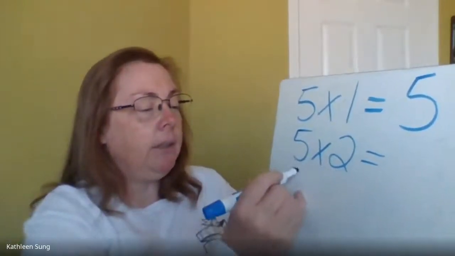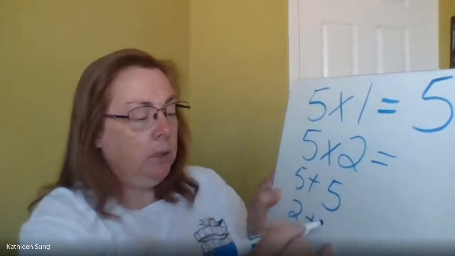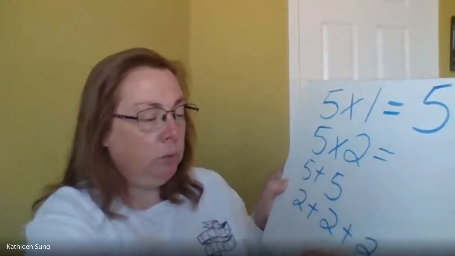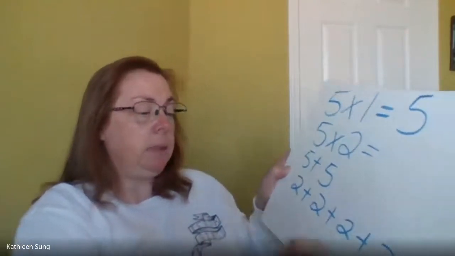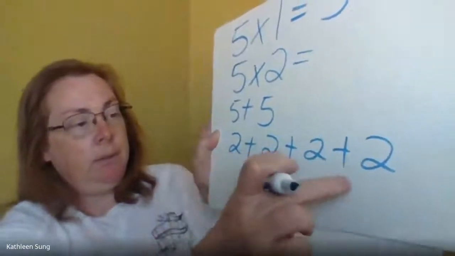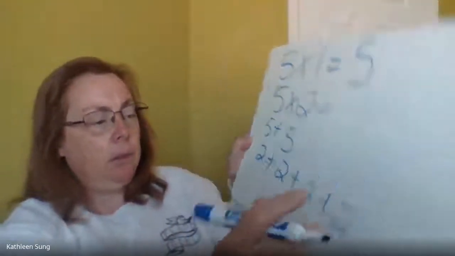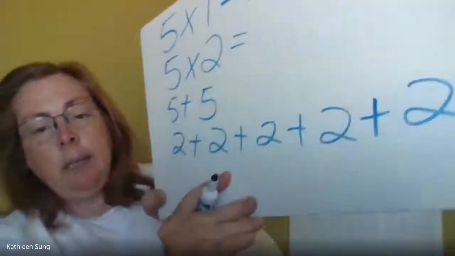Okay, so I can do 5 plus 5, or I can say 2 plus 2 plus 2 plus 2 plus 2. I think I got an extra plus 2 on there. So we've got 1, 2, 3, 4. 1, 2, 3, 4. No, I didn't have an extra one. Oh, getting old. All right.